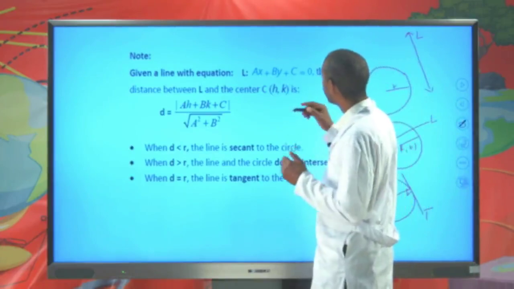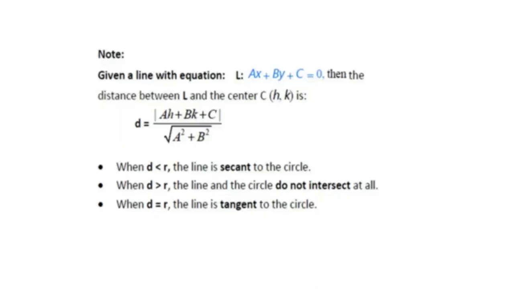So now if the equation of a line is given to us, and we also have a circle with center (h, k), we may be required to find the distance between the circle and the line. So we may use this formula.